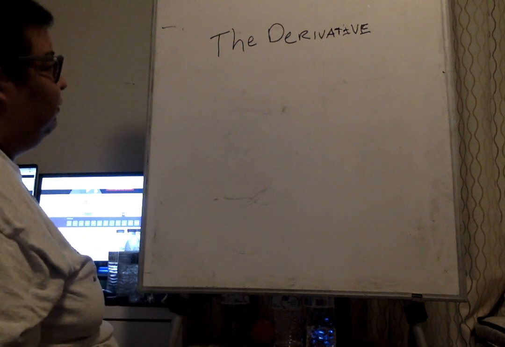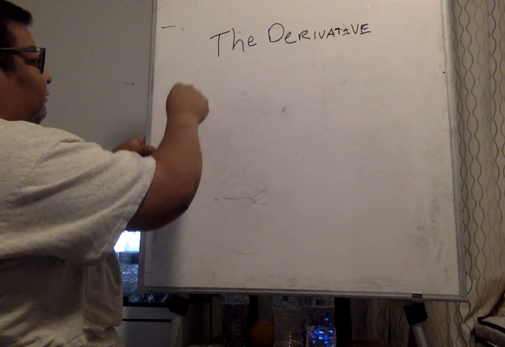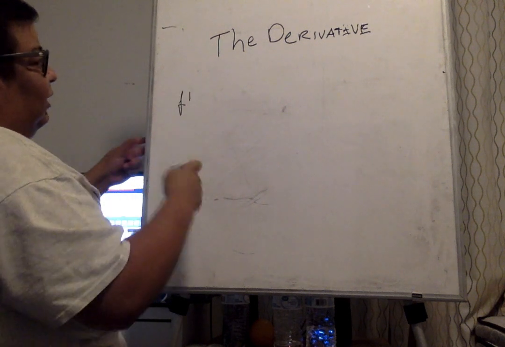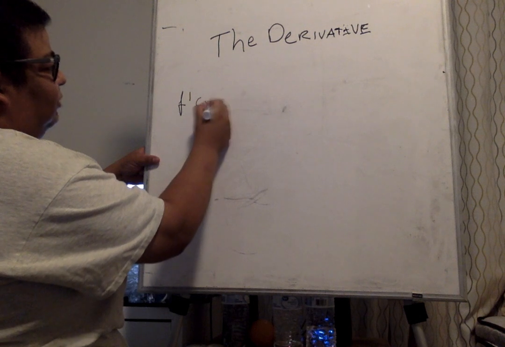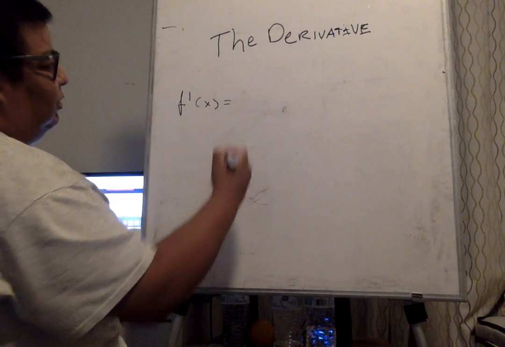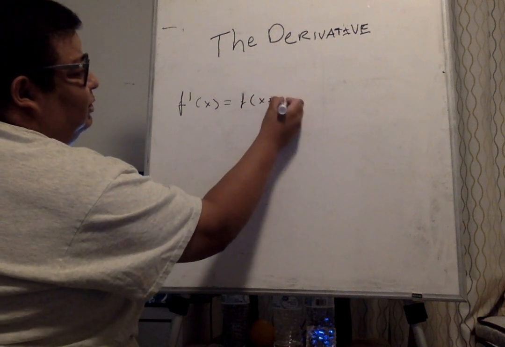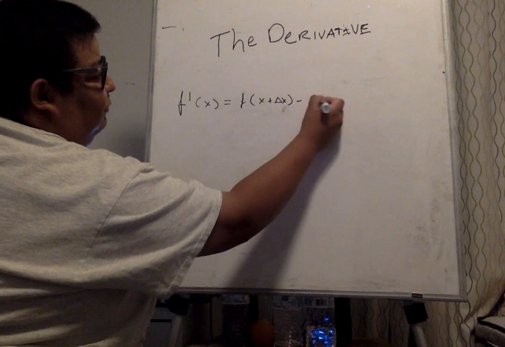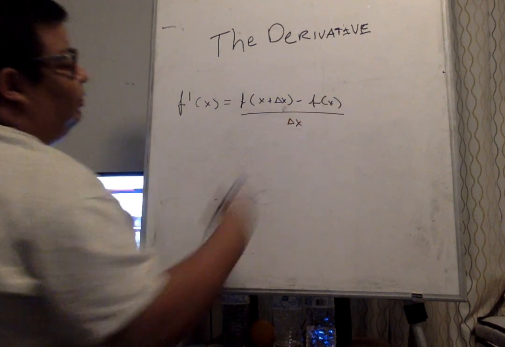So the definition of the derivative, remember, a definition is a definition. We're gonna say a derivative is something like this. It's a function, f prime of x, in terms of x, equal to f of x plus delta x minus f of x over delta x.